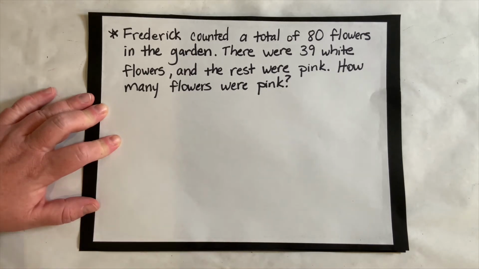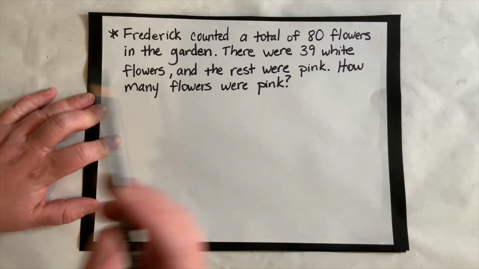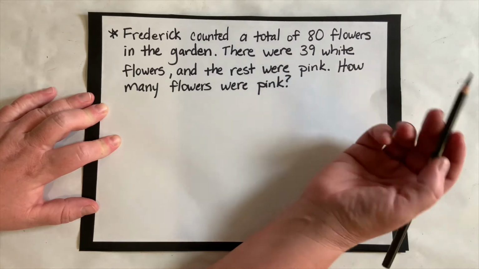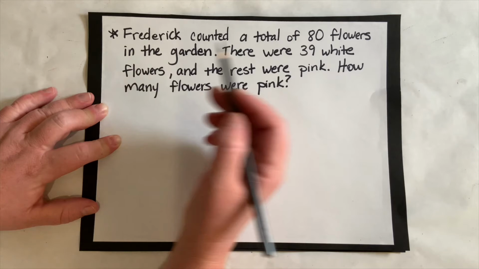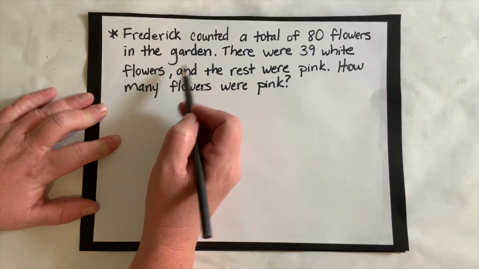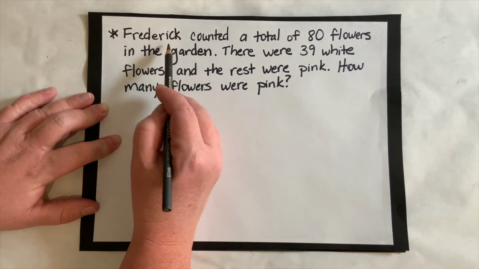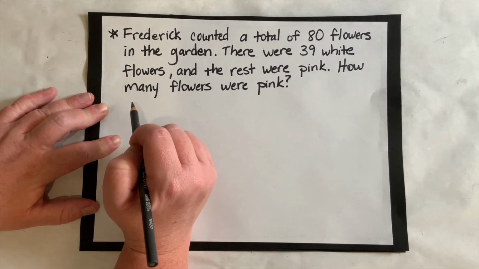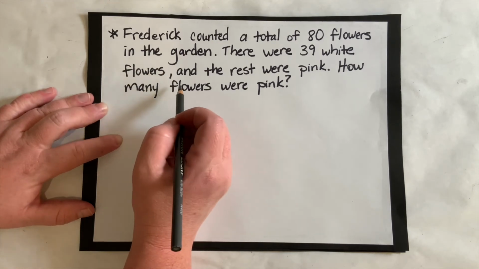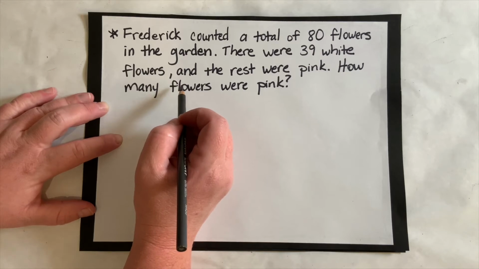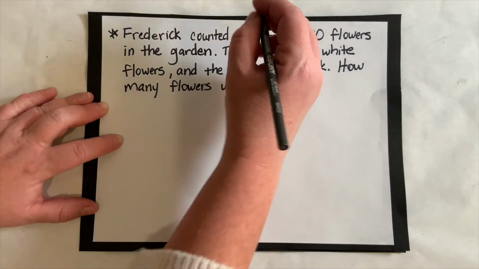So far we know, and I usually read it twice, right? So far we know, what's the setting? The garden. Who is in the story? Frederick, he's the character, right? And the garden didn't have a bunch of vegetables like tomatoes and strawberries. The garden had what? Flowers.